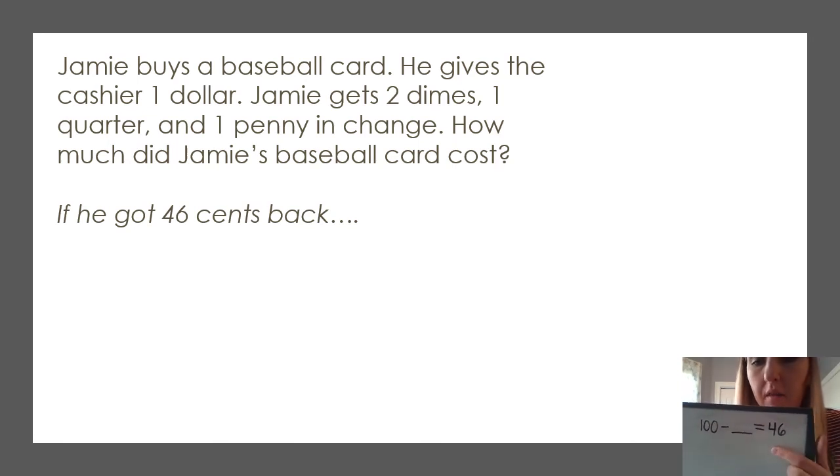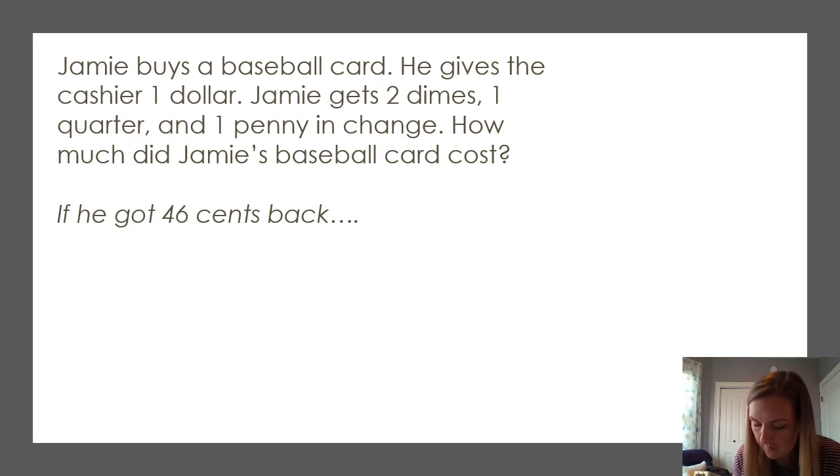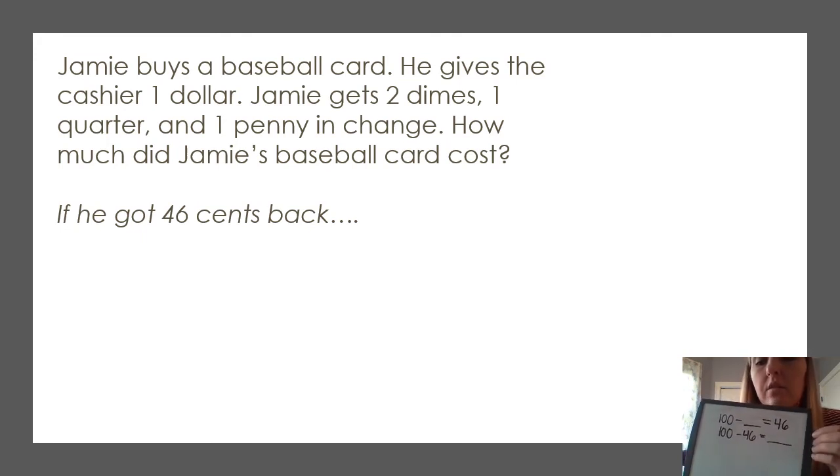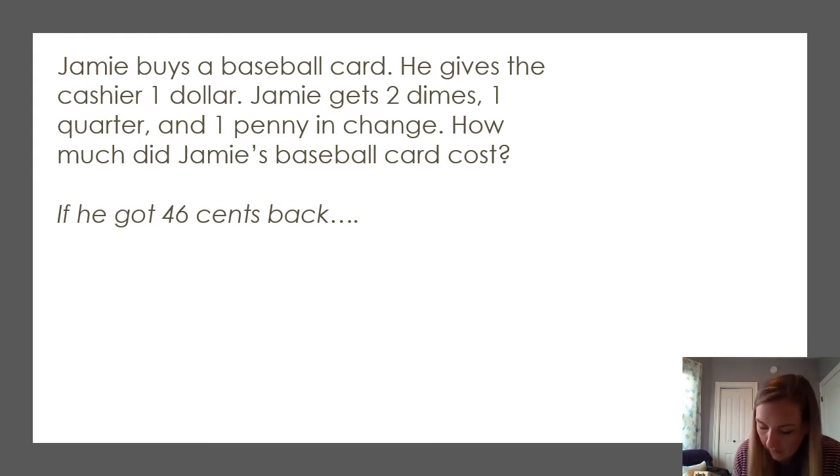If I know this part, I can make a new number sentence, 100 minus 46. Think of a strategy you want to use to solve this problem. Remember that we've been practicing the arrow way to count up, or I could do the vertical form to subtract.